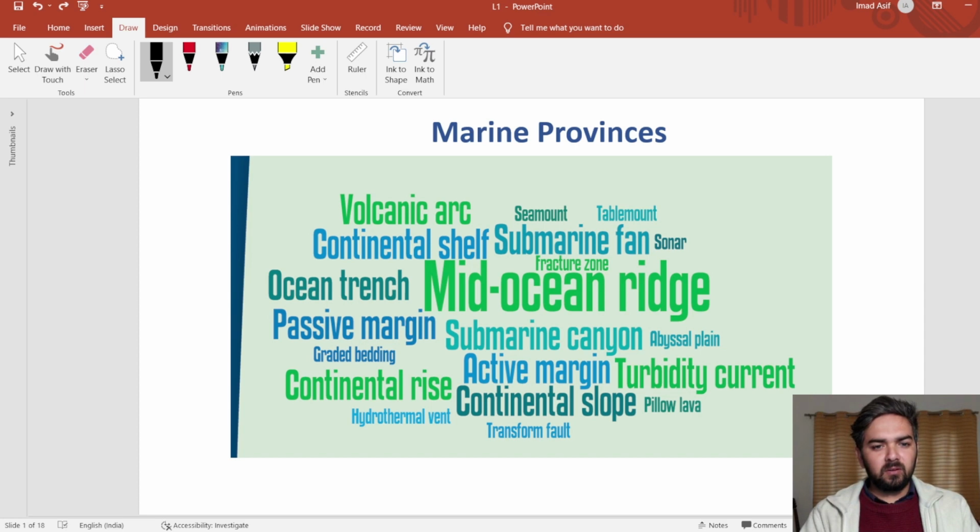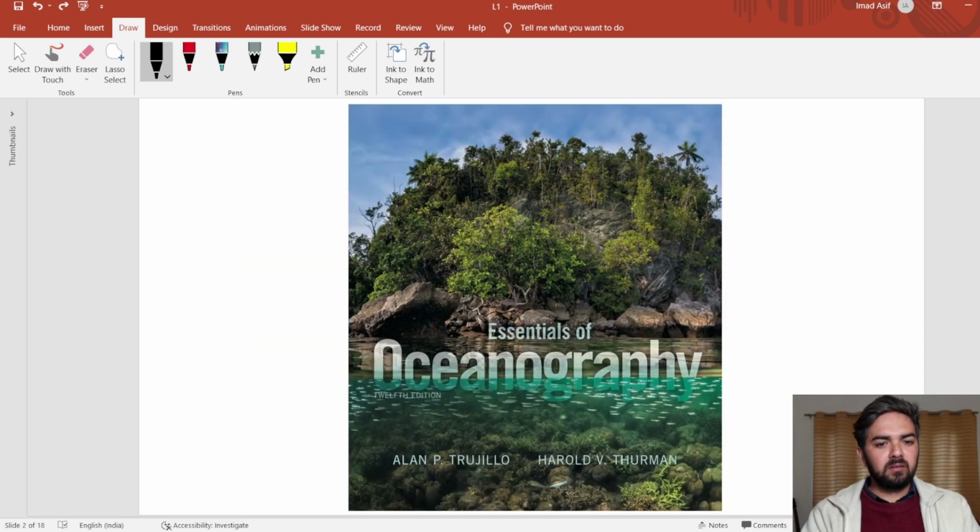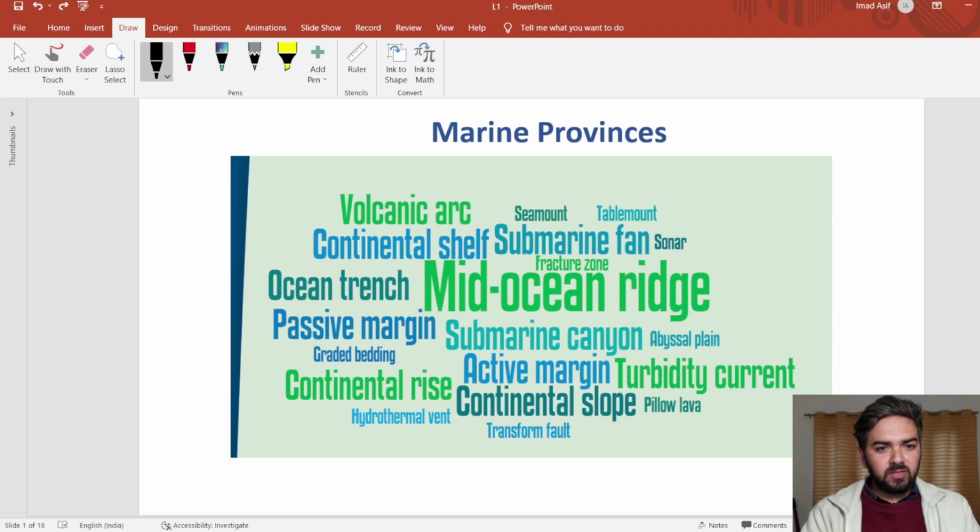Whatever I will be talking about is taken from this book, almost all of it. It is an excellent book for an introduction to this subject, and if you go through it, it would most definitely be helpful. This is a summary of the terms that we would be encountering in this unit.